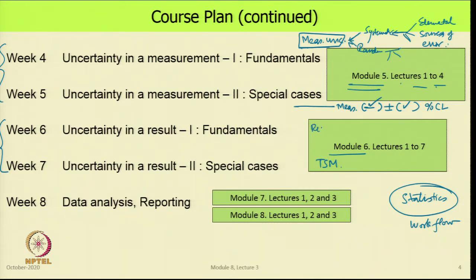We defined what is the result, and then, using statistics and calculus, we developed the full Taylor series method and various relations and formulas that, given the uncertainty in the measurement, tell us how to calculate uncertainty in the result. We got that relation. So, at this point, for every result that we want, we have a mean value plus minus some uncertainty at some confidence level.